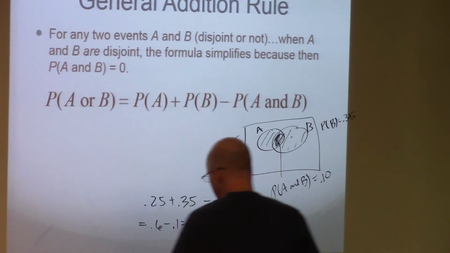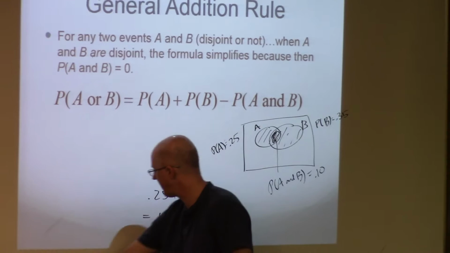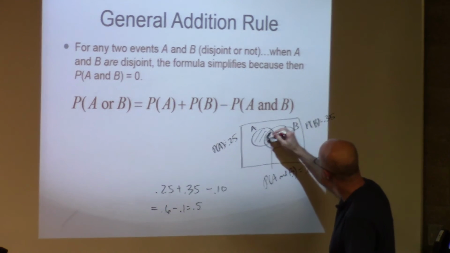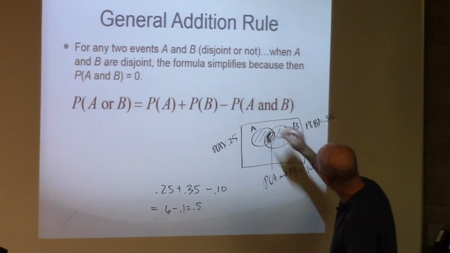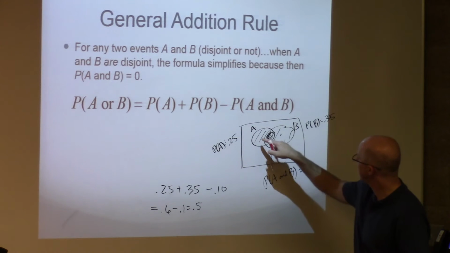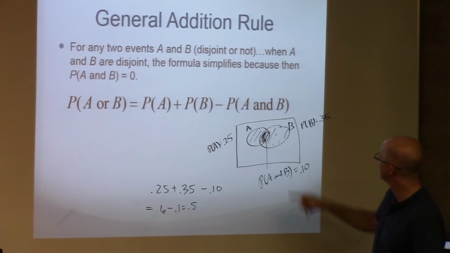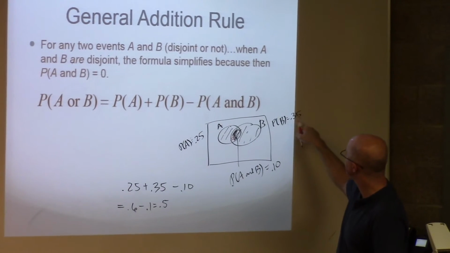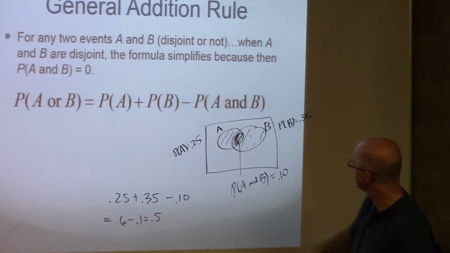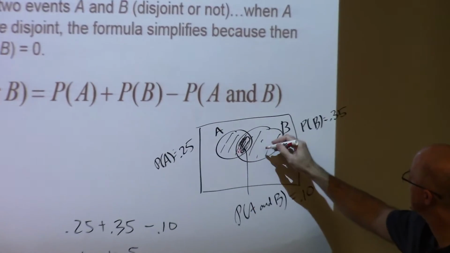If you were going to label these different regions with numbers, you'd label the interior, the intersection, with 0.1. You'd label these crescent moon shapes with these numbers minus the one in the middle. 0.35 minus 0.1 is 0.25.